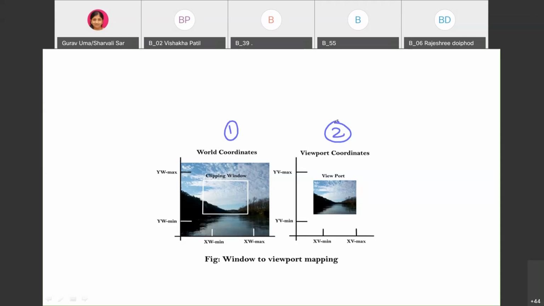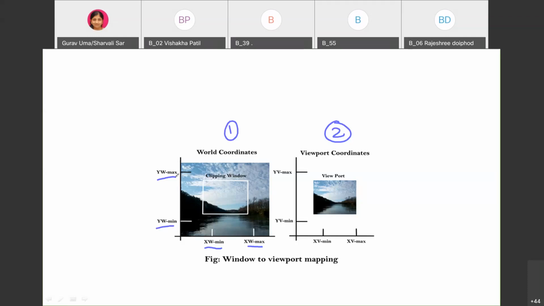The image present in the window is visible in the viewport. Now we will assign some values. This is xw max, x window maximum. This is xw min, whereas this is yw min and yw max, meaning y axis window maximum and y axis window minimum, similarly x axis window minimum and x axis window maximum.